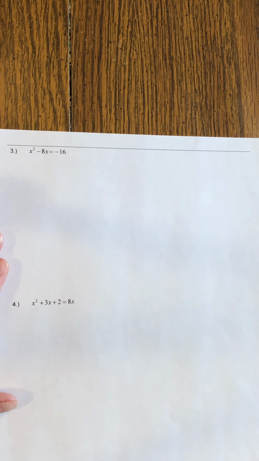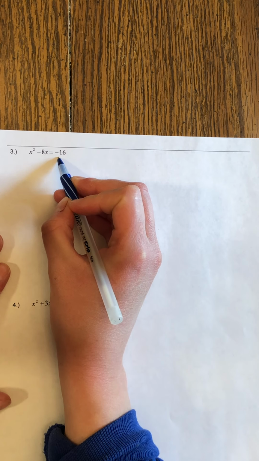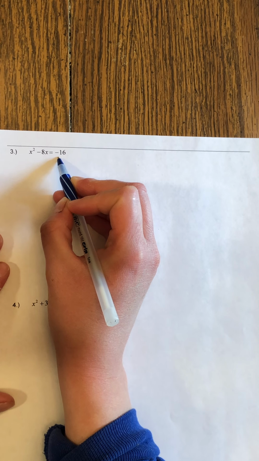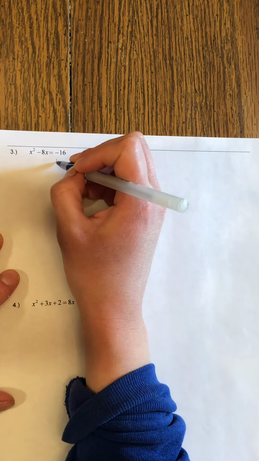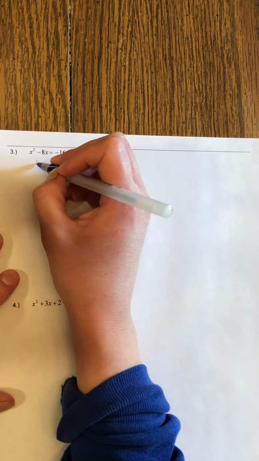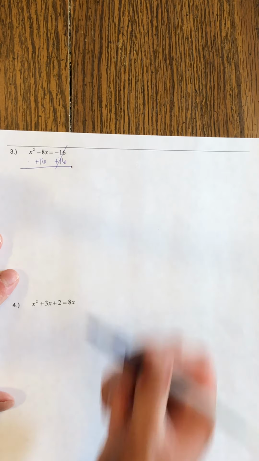All right, the next problem says x squared minus 8x equals negative 16. I do not have 0 on one side of the equation, so I need to get 0 on one side of the equation. So I think the easiest way to do that is to bring the negative 16 to the left-hand side of the equation. So I'm going to move the negative 16 by adding the 16 to both sides.